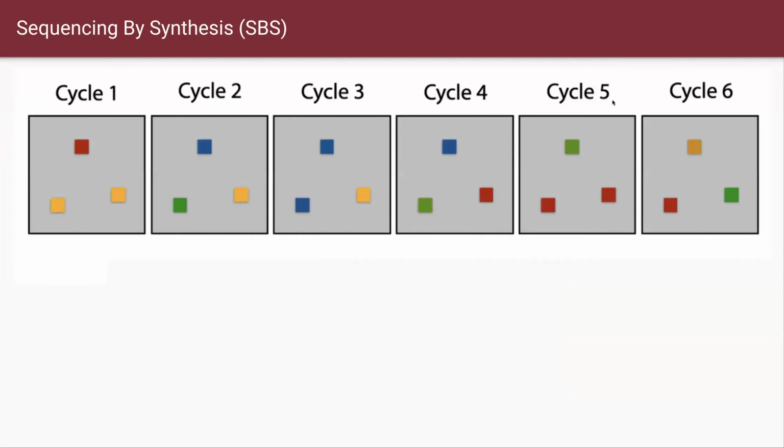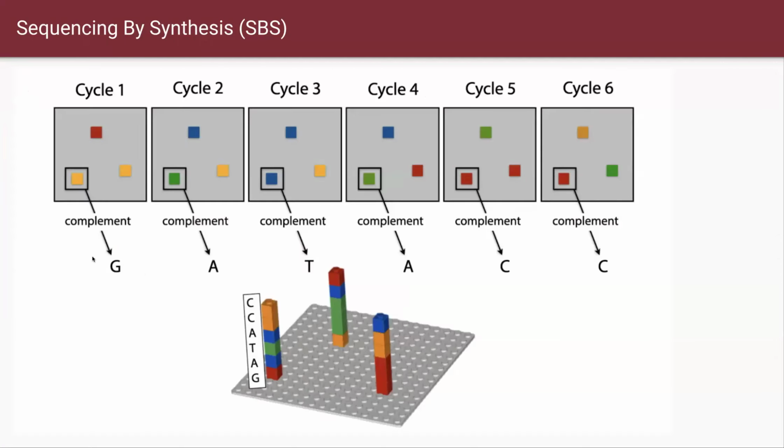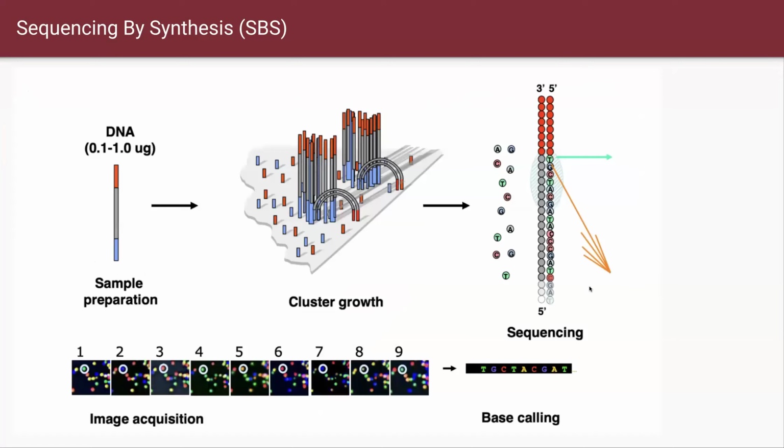Okay, so once you get the cycles, you can easily infer which sequence comes from here, right? So this one is C, the complement is G, so you can read out GATACCC, right?